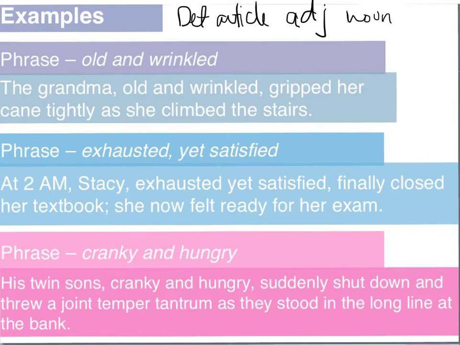But this time, we're flipping it a little bit. In order to kind of slow down our writing, instead of saying, right, the old and wrinkled grandma gripped her cane tightly as she climbed the stairs, which gives us that very wide shot of a grandma coming down the stairs, now we've got the grandma, old and wrinkled, gripped her cane tightly as she climbed the stairs.